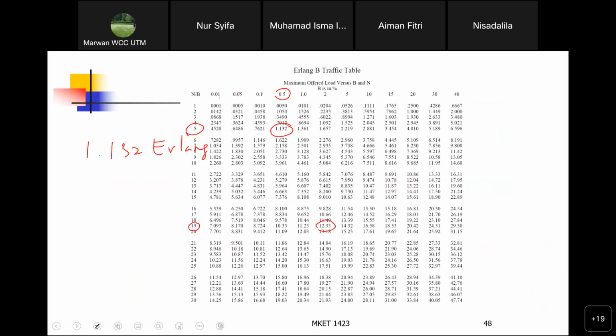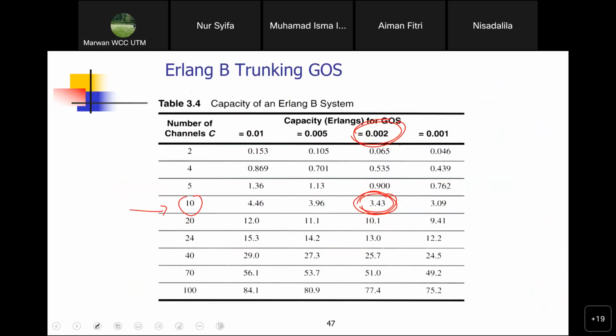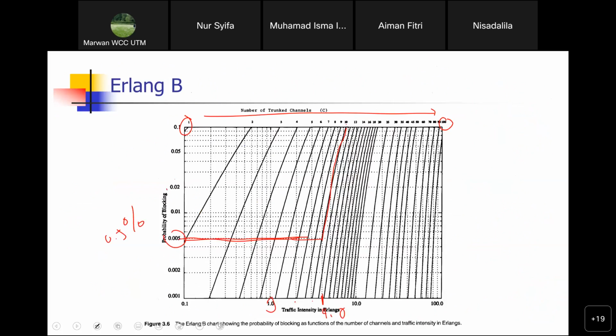Okay, 12.33. But the example just now is taken from a book that doesn't have a table, so they took it from a graph. On the graph, 2% is here and 19 is around there, and this is 20.